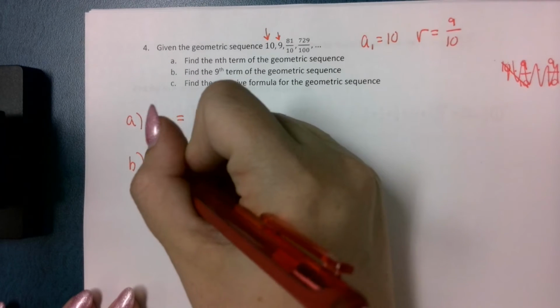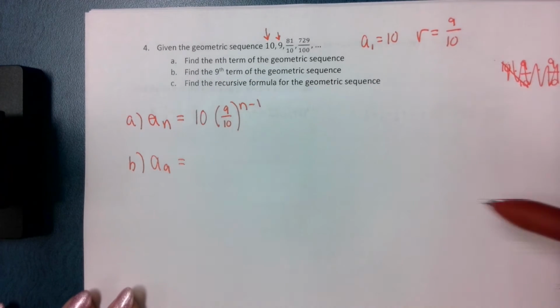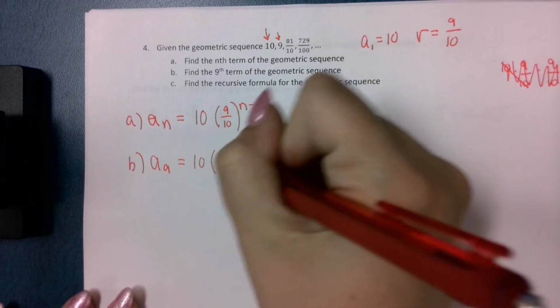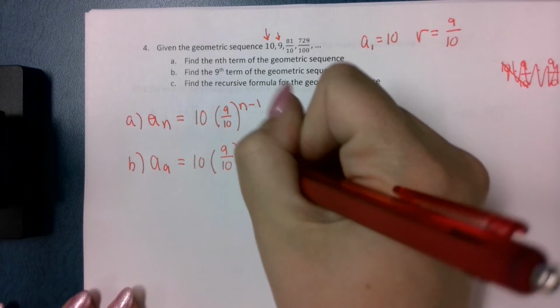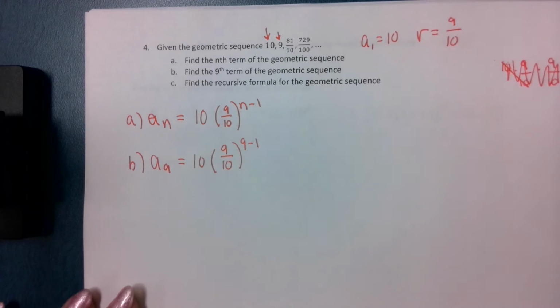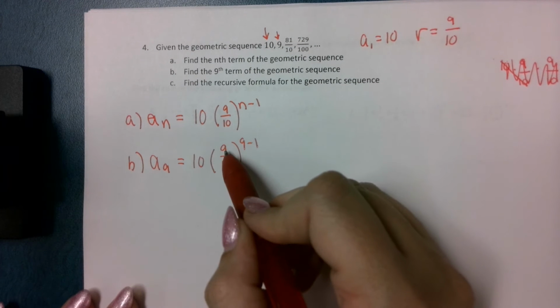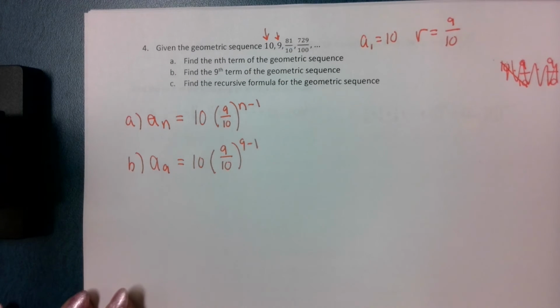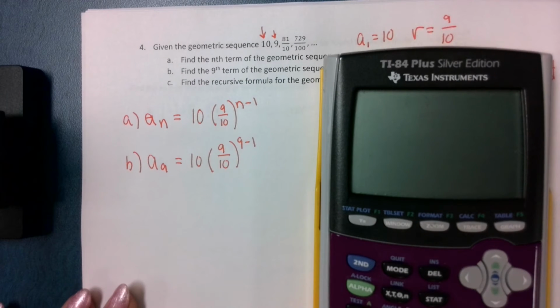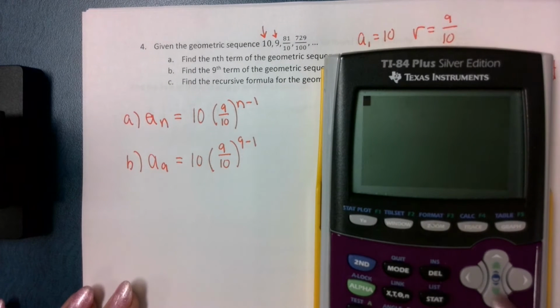Okay, B wants us to find the ninth term. So if I want to find the ninth term, that would be a sub 9. So 10 times 9 over 10 to the 9 minus 1, so that would be 10 times 9 over 10 to the 8th power. That gives us this decimal.